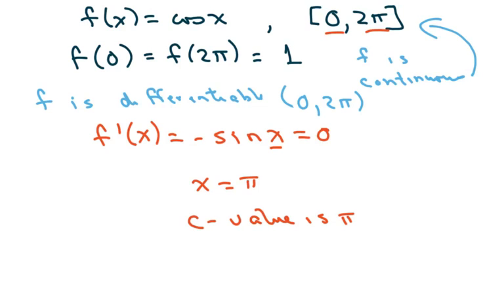And you might notice that sine of 0 is also 0. However, remember this is our open interval, so we can't use that because that's excluding the 0 and the 2 pi.